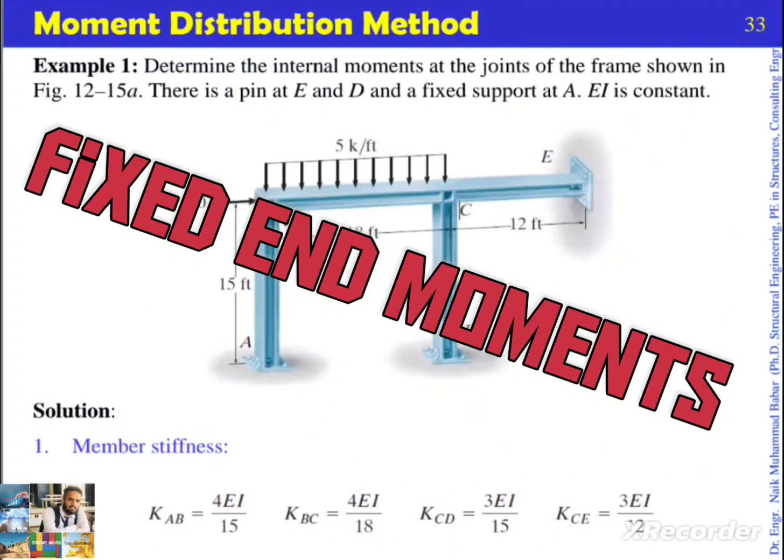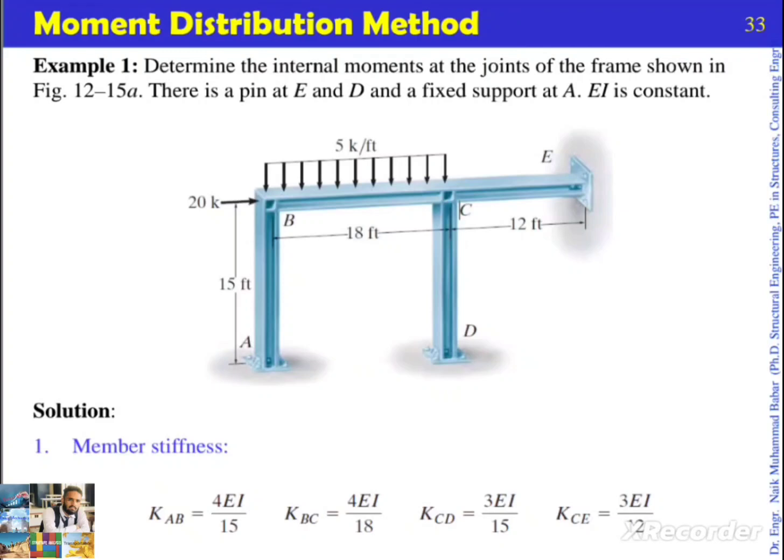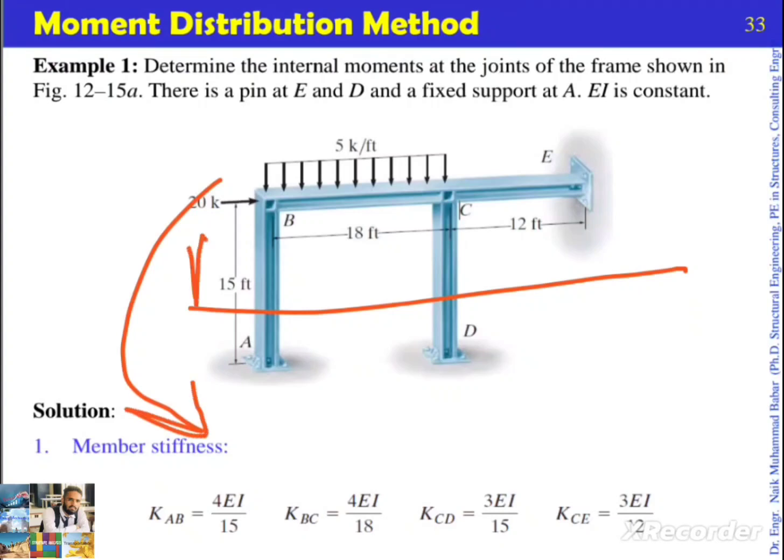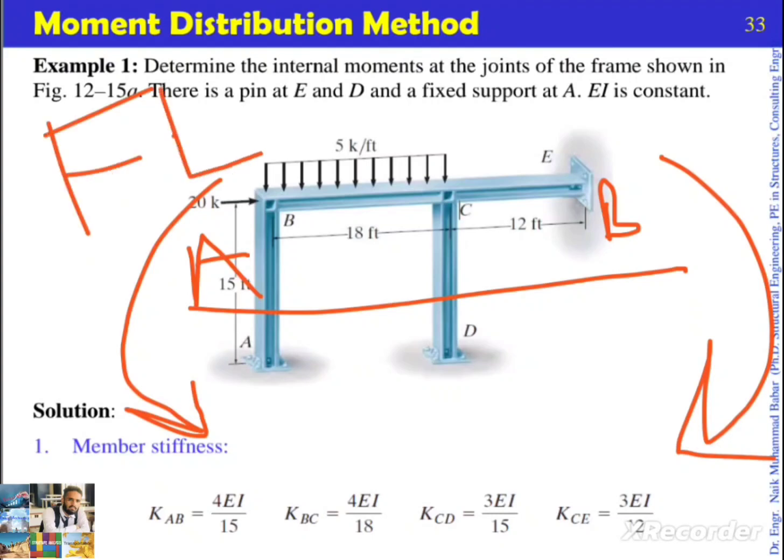So by the definition of the moment distribution method, we apply locking and unlocking phenomena for each member. So take this member AB. I want to make this member horizontal. The fixed end moment at joint A is fixed end moment AB, and on the other side, joint B, the fixed end moment is BA.